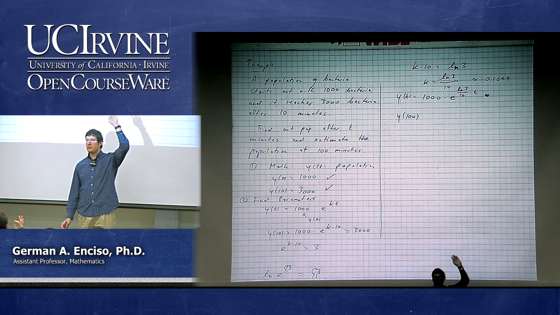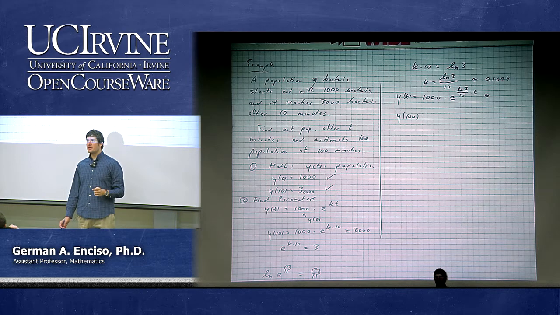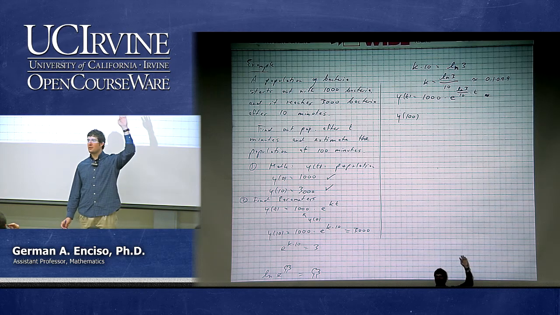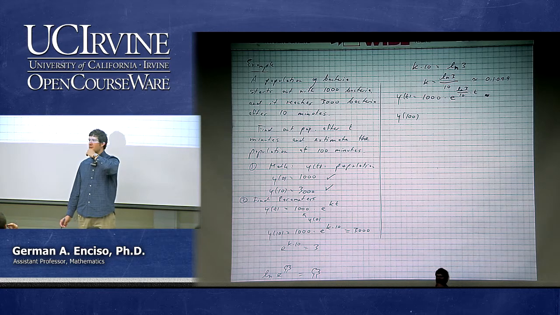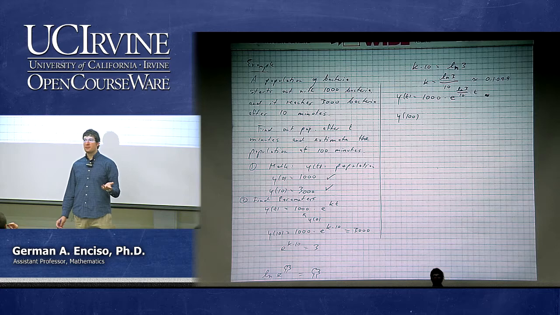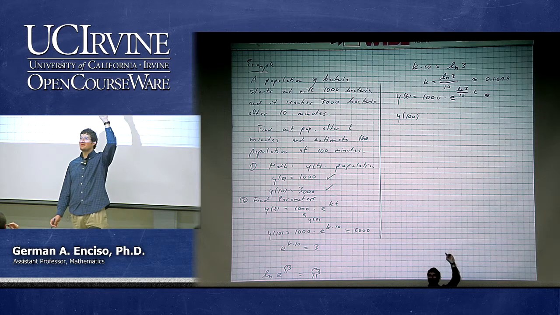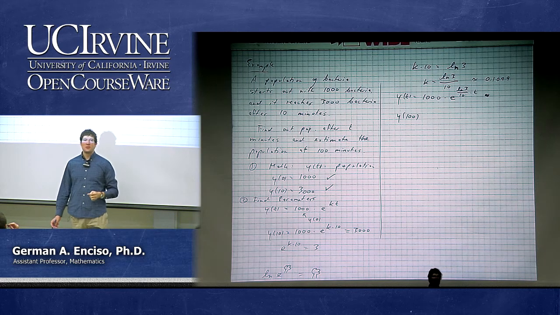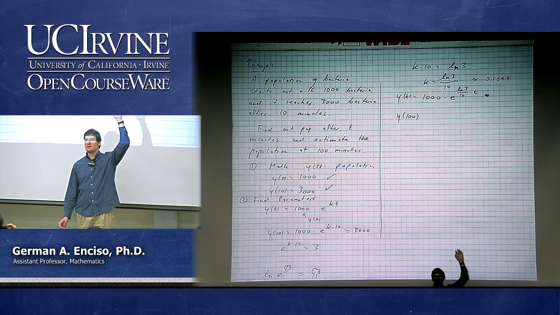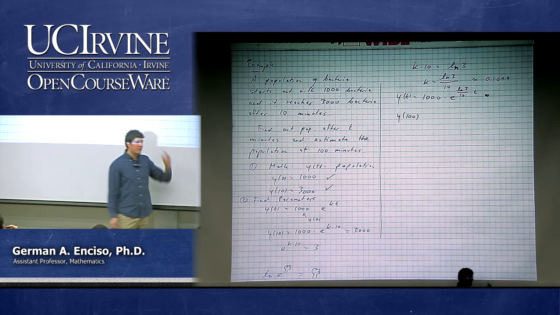After 100 minutes? Probably, right? Is it more than 100,000? What do you think? Or is it maybe more like 500,000? Who says it's more than 500,000? Okay, only like three hands.